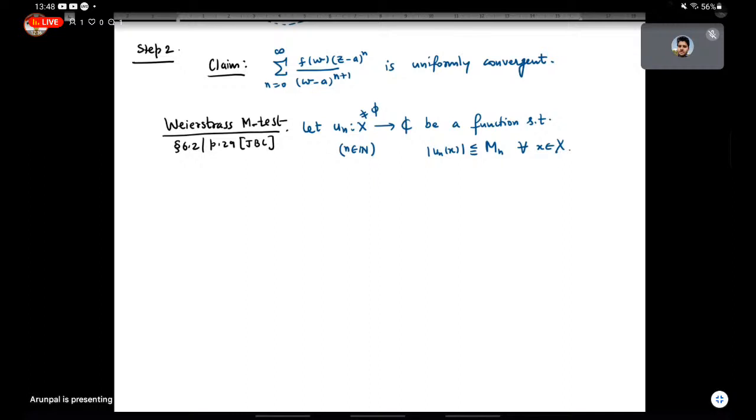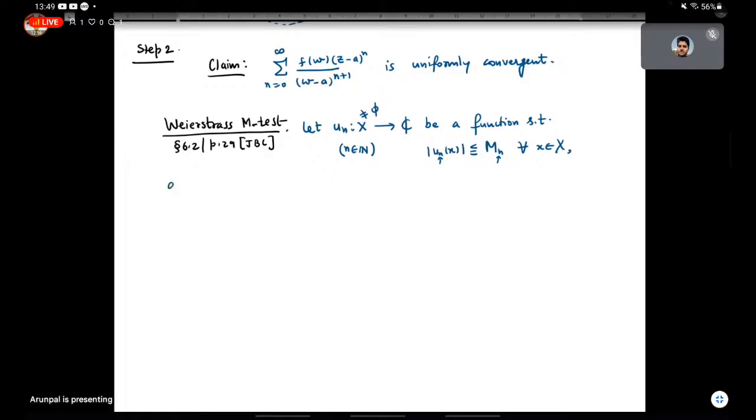So it means corresponding to this index n, we are getting a constant M_n. You take u_1, for that you will have a different number, capital M_1. It means an upper bound kind of number, right? You take u_2, the second function, you will have a different number, and likewise.